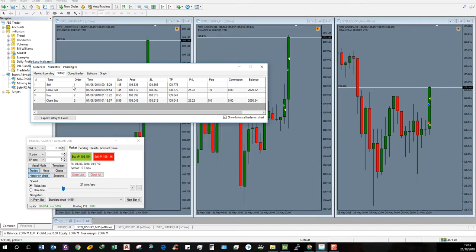So this is me opening a sell, this is me closing the sell, this is me opening a buy, this is me closing the buy, and this is how much money I made. In the first trade I made $25, and the second trade I also made $25. So the total is $50 or something like this, which is not bad at all.